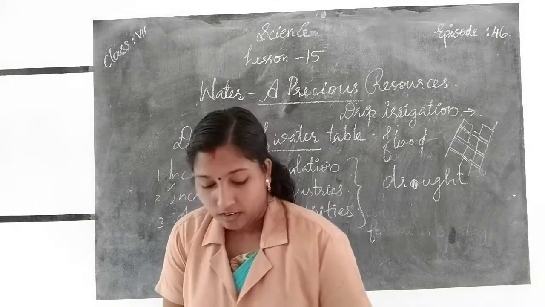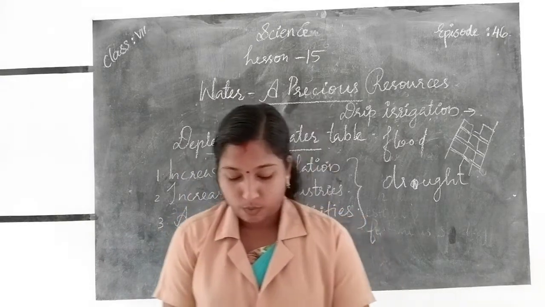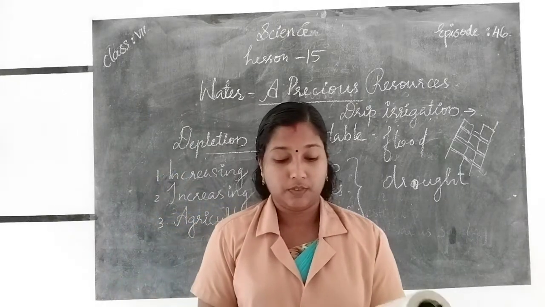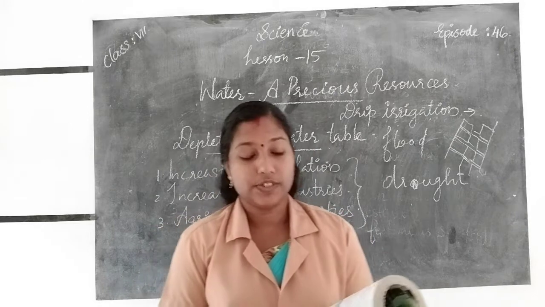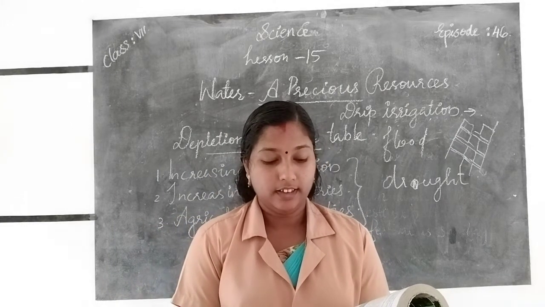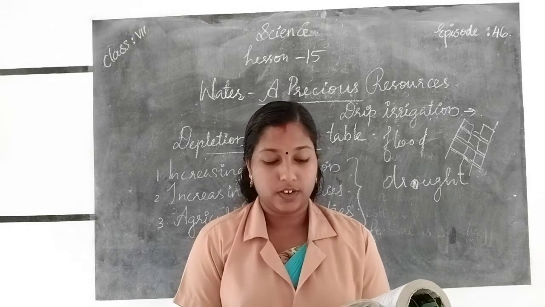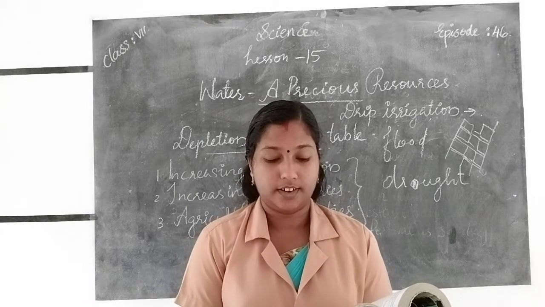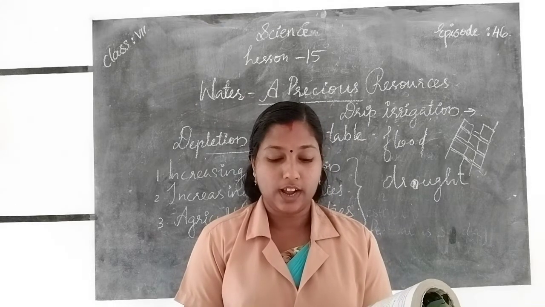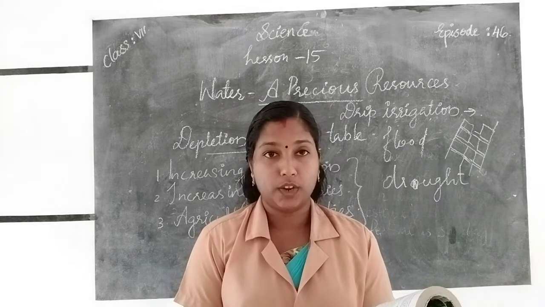First, mark true if the statement is true and false if it is false. First one: the fresh water stored in the ground is much more than that present in the rivers and lakes of the world. It is true. Water shortage is a problem faced only by people living in rural areas.